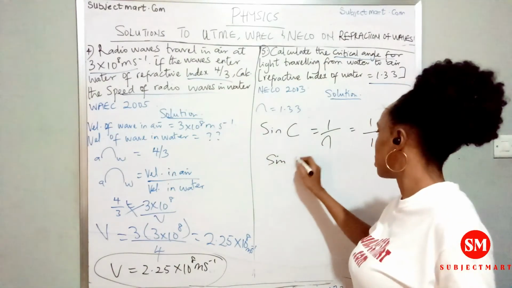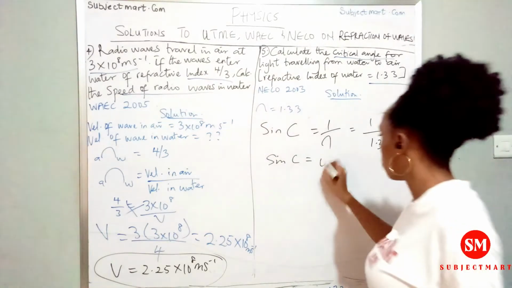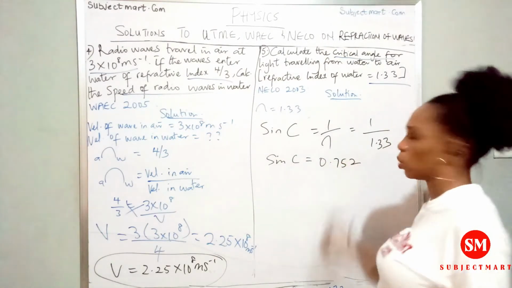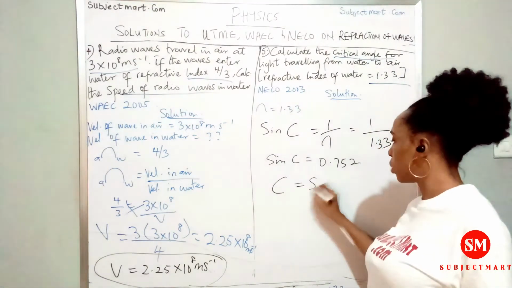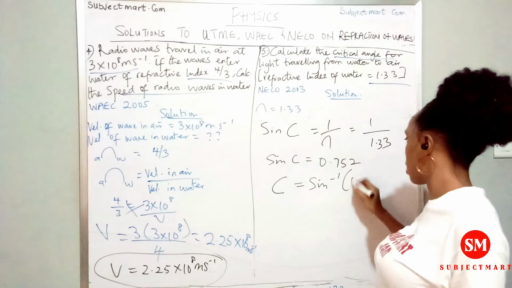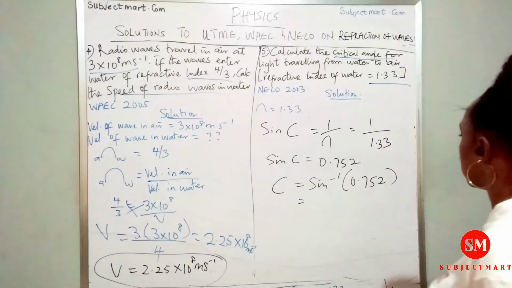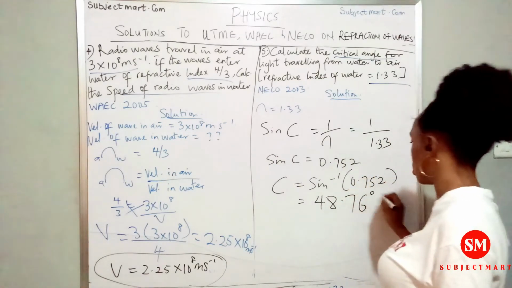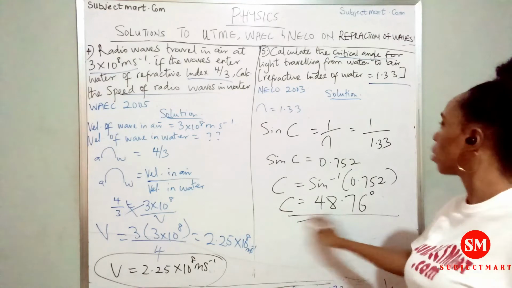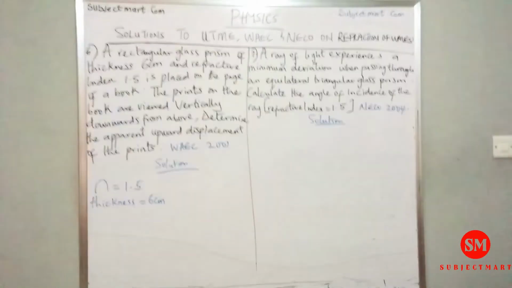So we have sine C is equal to 1 divided by 1.33, which gives me 0.752. To find C, which is the angle, we have arc sine 0.752, which equals 48.76 degrees. So the critical angle is equal to 48.76 degrees.